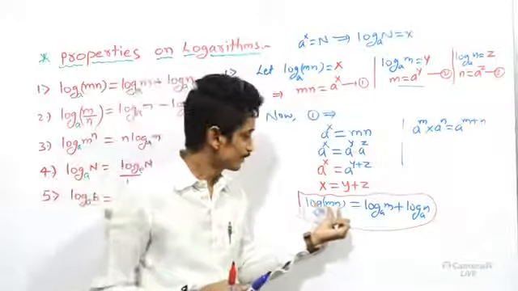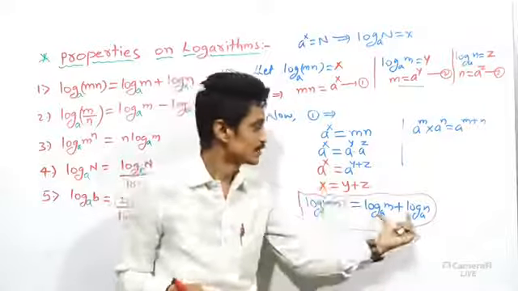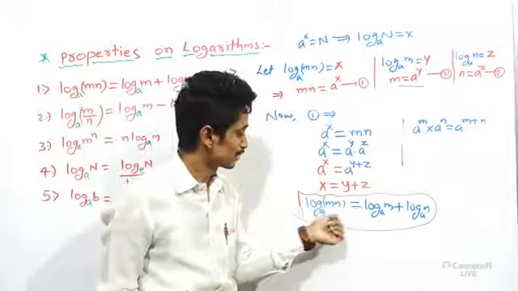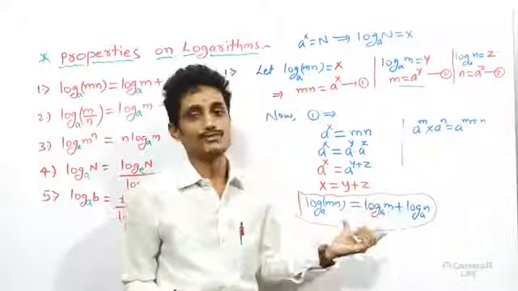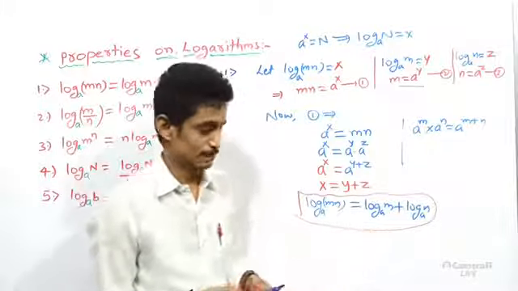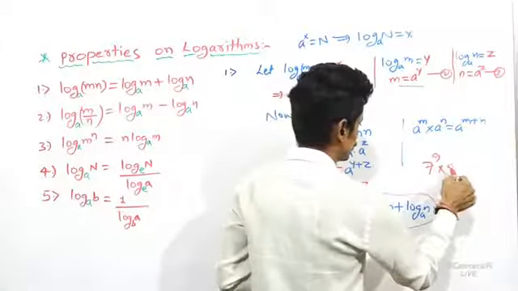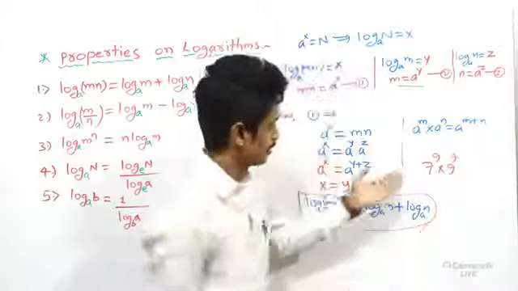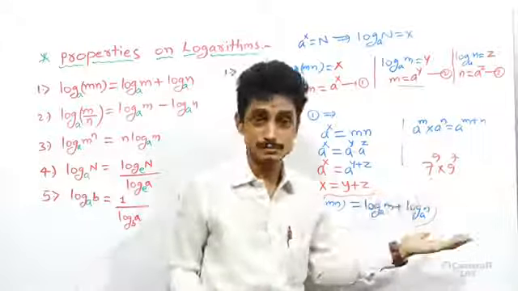Anywhere a product of two numbers can be converted to a sum, at that time we can easily separate it. So we converted the product form into a sum. That is the reason. Sometimes, what is 7 power 9 into 9 power 7? 7 power 9 is 7 multiplied 9 times, 9 power 7 is 9 multiplied 7 times.